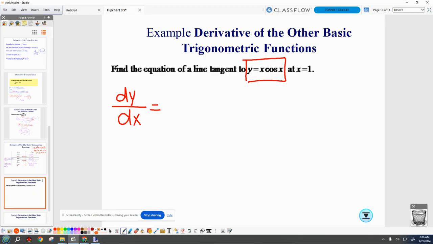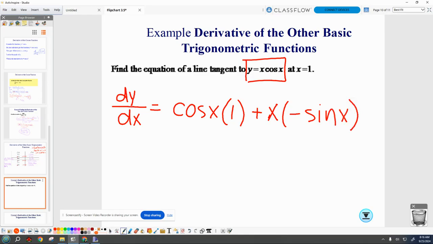Product rule, because it's first times second. Okay, so you did it backwards for me, but that's okay. It's not wrong. It just hurts my head. Second times the derivative of the first plus first times the derivative of the second. And now we need a calculator.